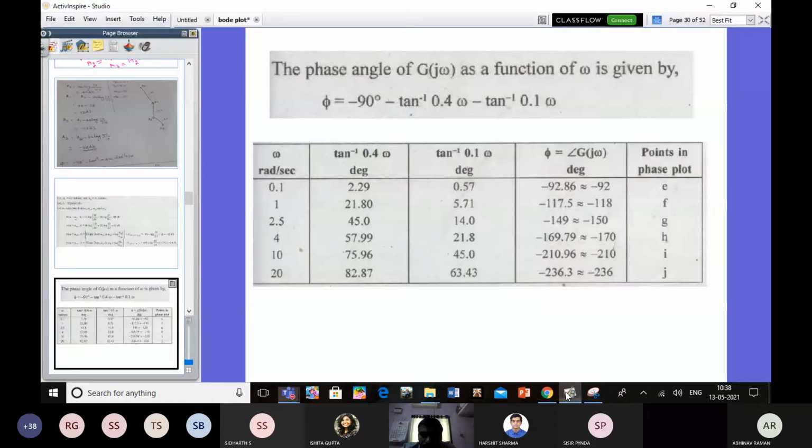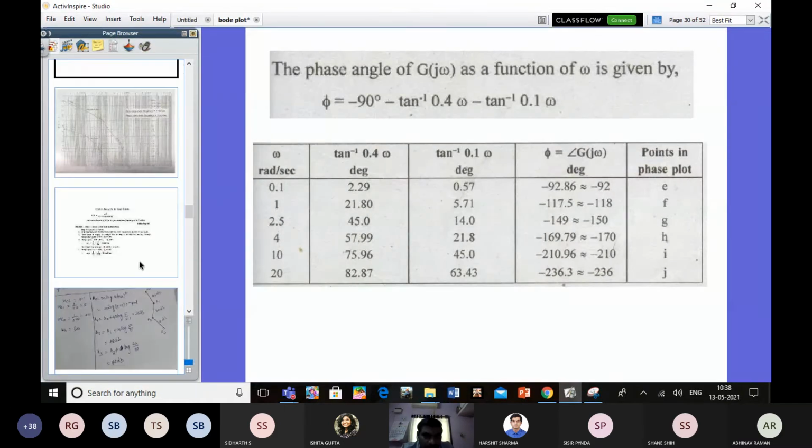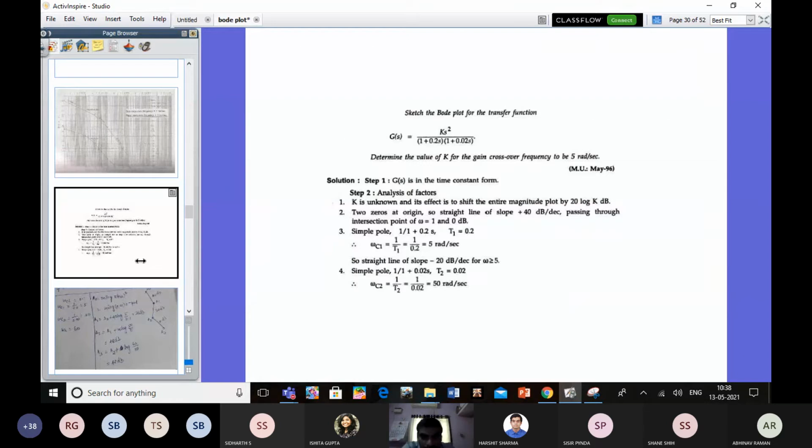So determine the phase margin and gain margin values. Write down this problem. We have a lot of variety of problems here. I want to give all the inputs, then only you may be able to answer any type of problems when you go for objective type questions or competitive exams or GATE exams.